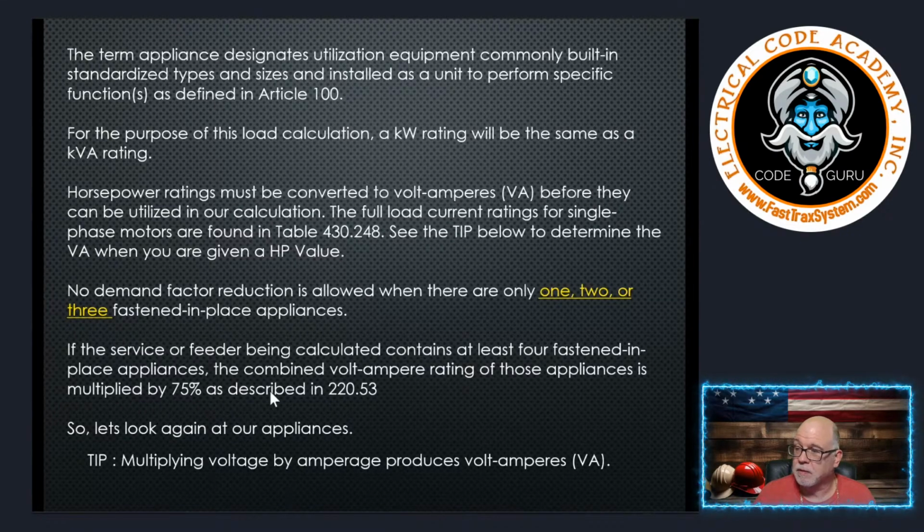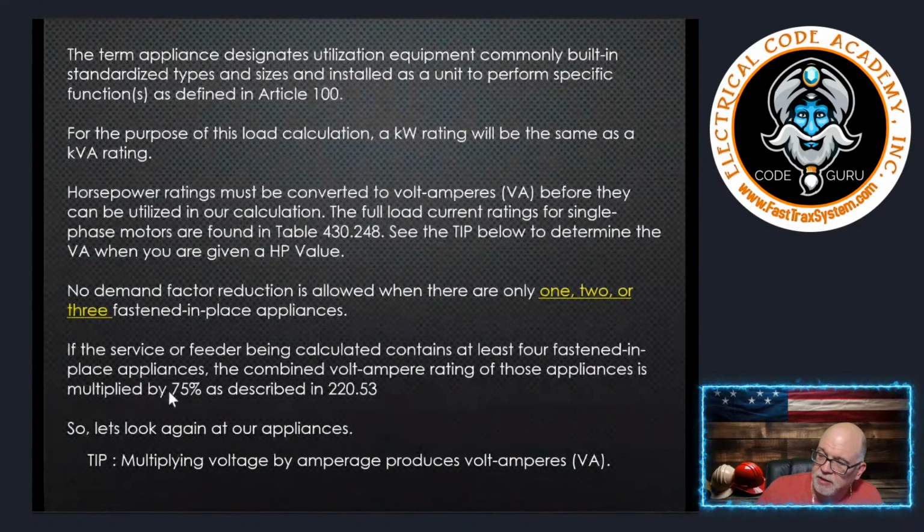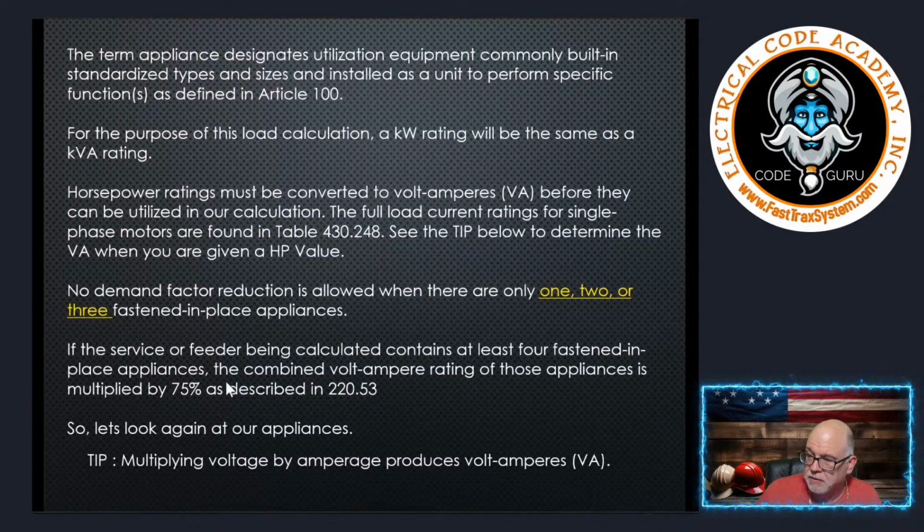It's not, okay? All right, so let's look at it. So if it is fastened in place, then we get to apply a 75% demand to that, okay? All right, remember, how do we get the VA? Voltage, you multiply voltage by the amps. You should know that by now, but I just want to make sure that's clear.